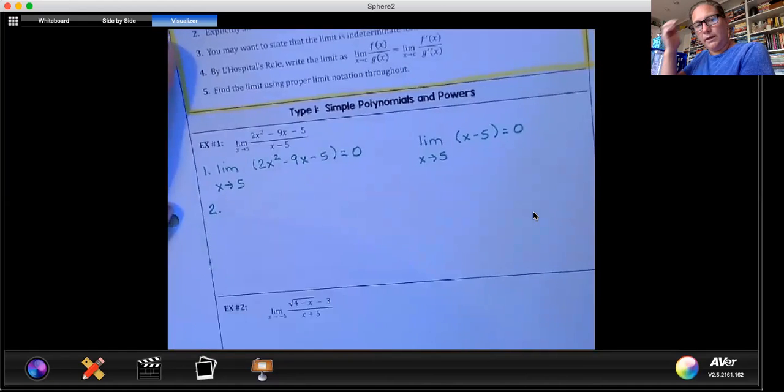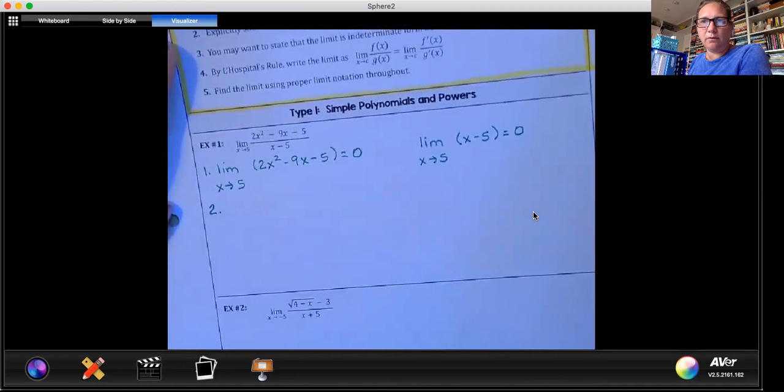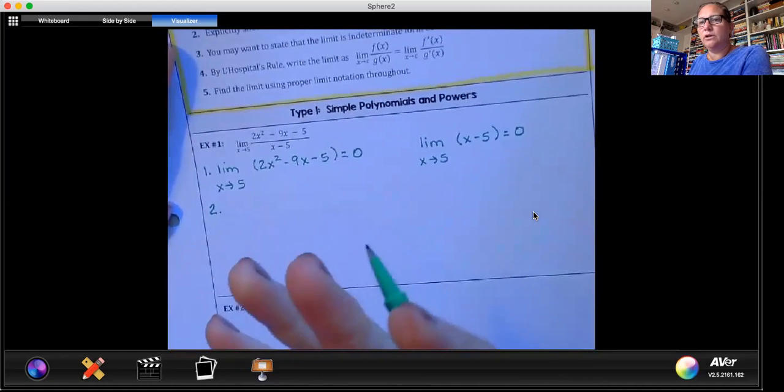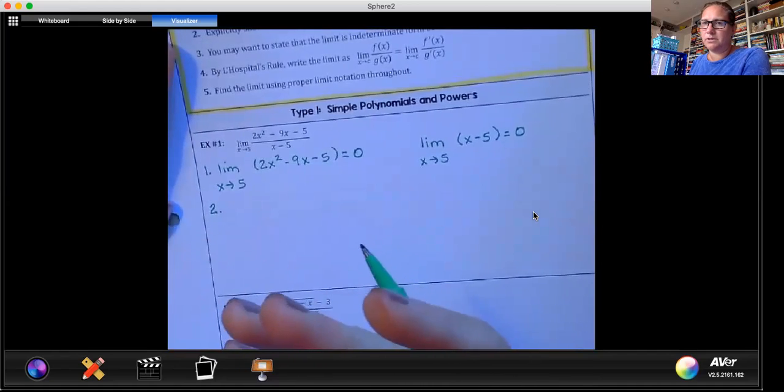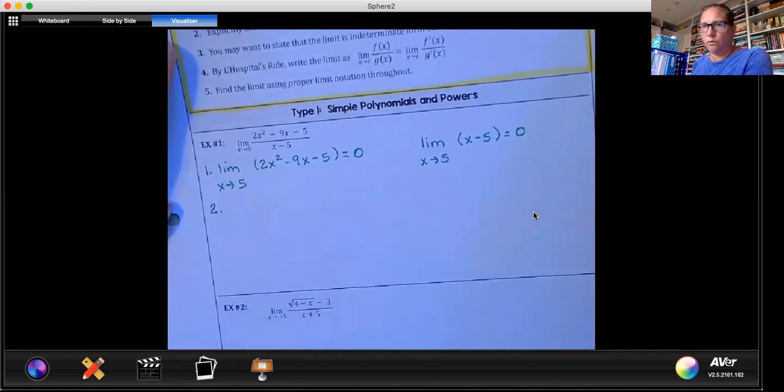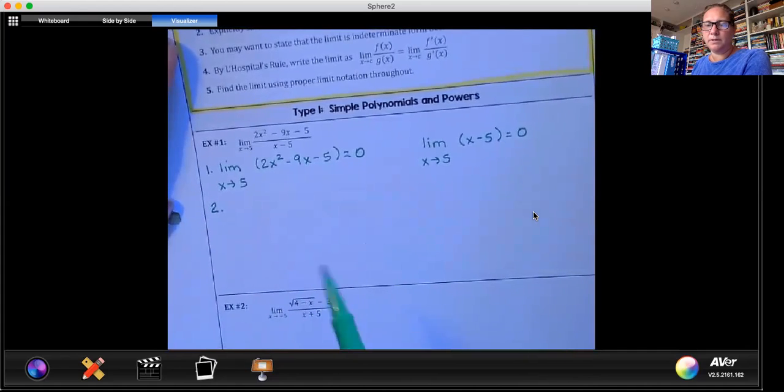Now, the way that we're doing these problems is the way that you would need to do them on the AP exam. And I know as you're looking at this, you're kind of going, I'm not sure I need to do all of that. In order for you to get full credit on a problem that would use L'Hopital's rule, you would need to make sure that you do all the steps.